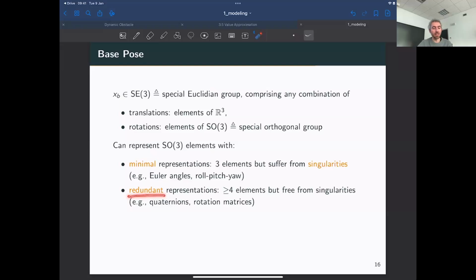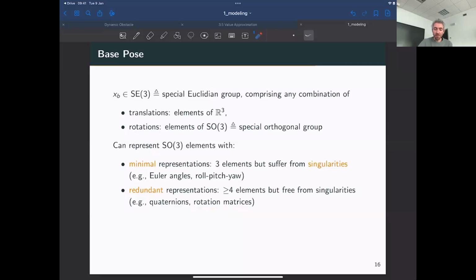And you have the redundant representations, which are the ones using at least 4 elements. Examples of these are quaternions or rotation matrices, which probably are the most well-known ones, the 3x3 matrices that define a rotation.